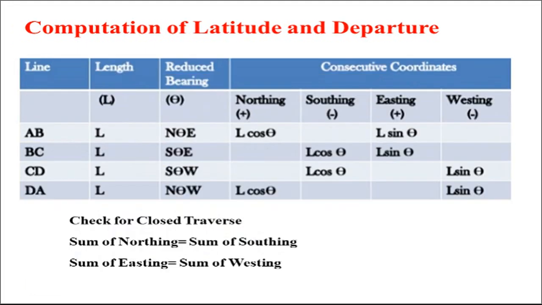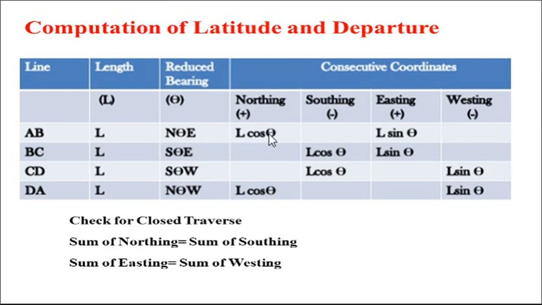Then next, latitudes and departures. From that we can calculate the consecutive coordinates. Suppose line AB has length L and the quadrant is N theta E, then the latitude is L cos theta.